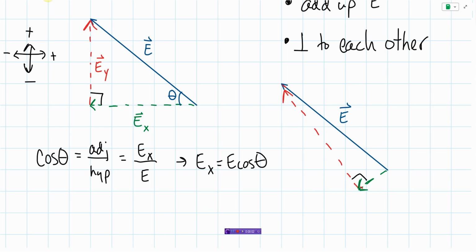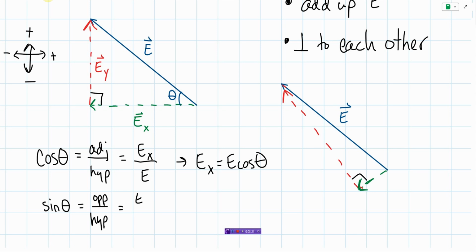You need to make a triangle from scratch every time and then apply a sine and a cosine to it. So if I do a sine, I get the opposite side, across the triangle from the theta, over the hypotenuse.